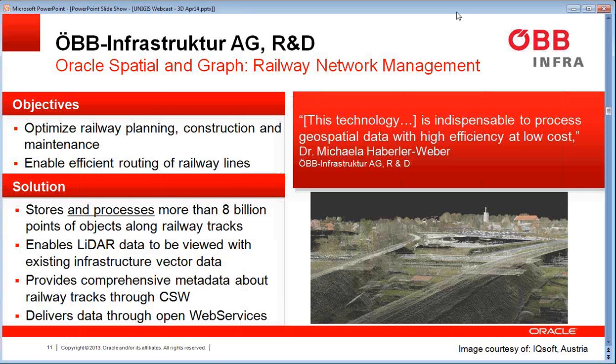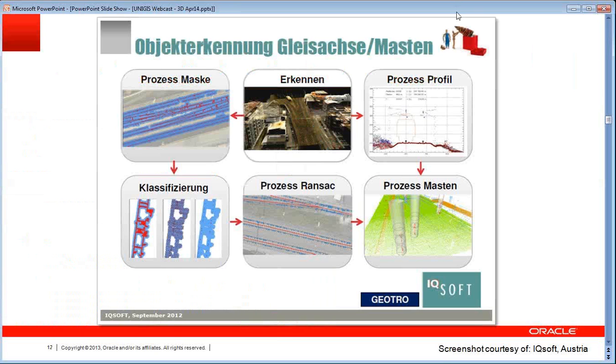And what the customer does with the raw data is they don't only store the data in the database, but they also do a fair amount of object recognition in the database. So on the next slide, I've got a few screenshots that give you a bit of an idea of what the customer does. Customer is actually determining the profile of the track and is determining the position of various objects on or along the tracks.